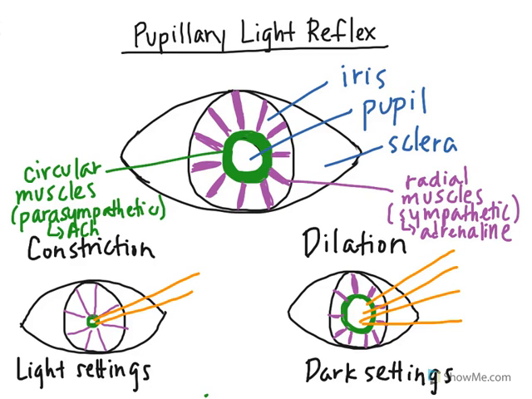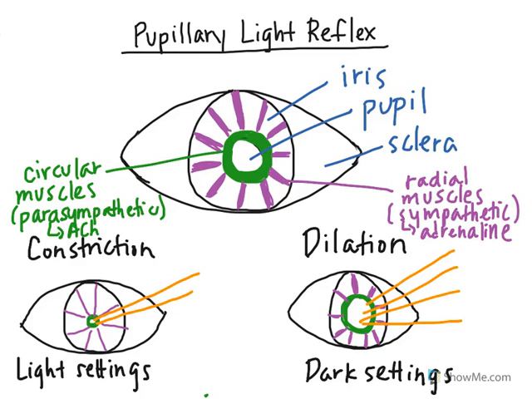Now my final question to you, and you'll have to think back to the first video, are these nerve fibers that cause contraction in the circular and radial muscles afferent or efferent? So think about what's happening here. So light is coming in from the environment, hits the retina, travels along the optic nerve, and reaches the CNS.